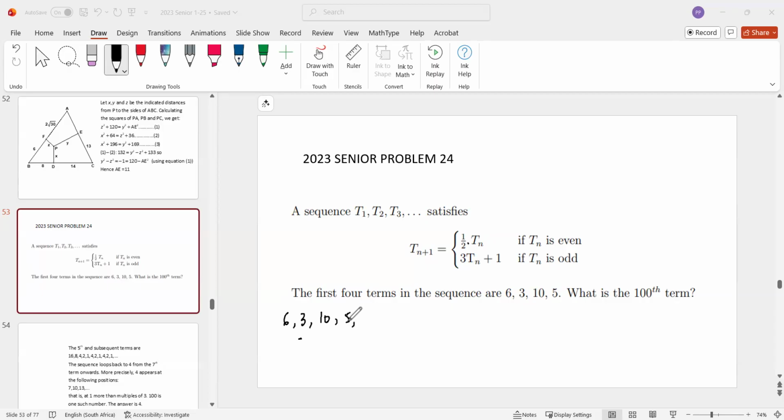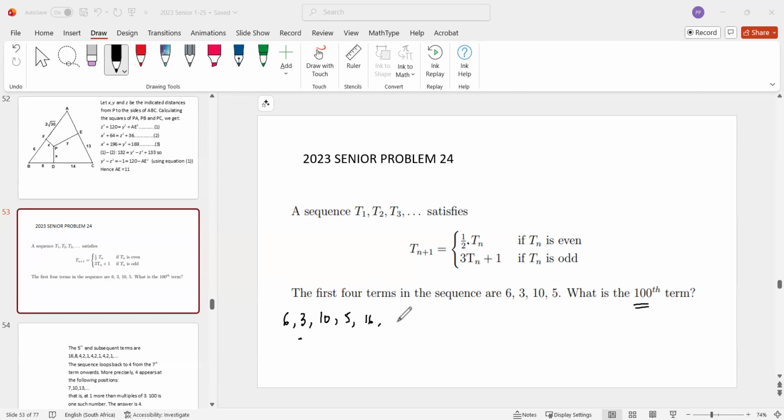Okay, so let's just go on. They give you the first 4 terms, and they want to know what the 100th term is. So you need to see whether there's a pattern coming on. You've got 6, 3, 10, and 5. Doesn't seem to be any pattern here. Now this is odd. 5 times 3 is 15 plus 1 is 16. That's the next term.